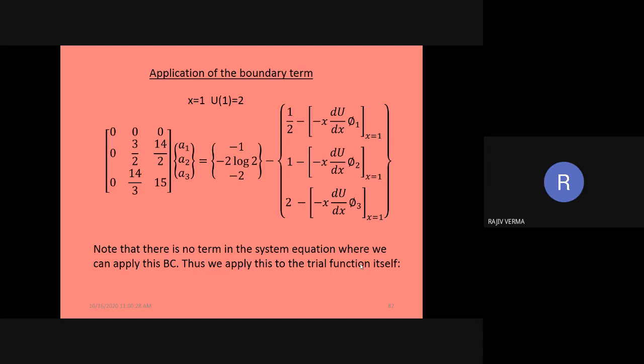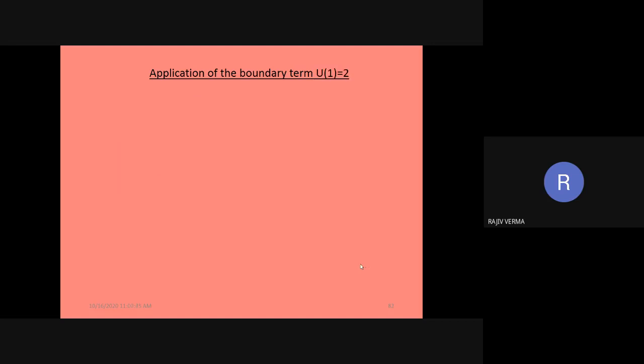As a result, what we get is a constraint equation of this type. Once you apply the first boundary condition to the trial function itself, what you get is a constraint equation, which in fact is a fourth equation in your solution procedure. 3 equations were already developed previously, and this happens to be the fourth equation.